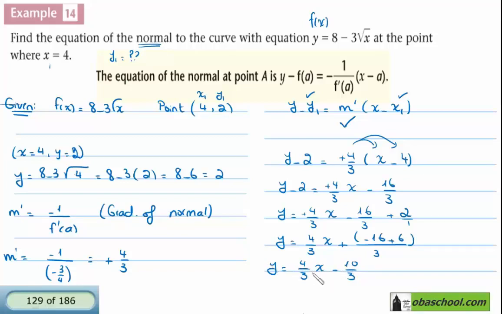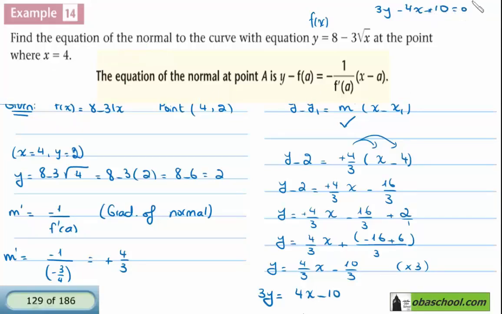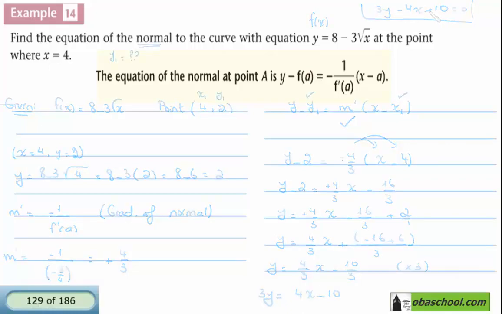We can take this as the final equation, or we can modify the shape of the equation by multiplying all of the equation by 3, so it becomes 3y equal to 4x minus 10, and this can be written as all the variables on one side, so it becomes 3y minus 4x plus 10 equal to 0, is the equation of the line that is normal to the tangent at the given point where x equal to 4.